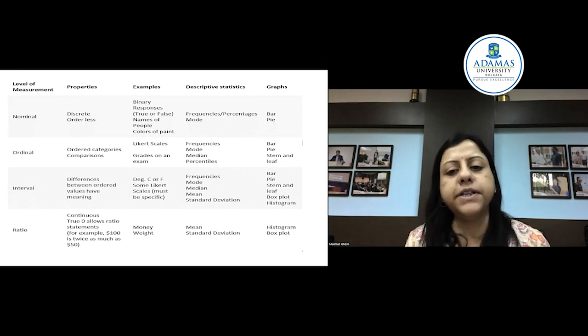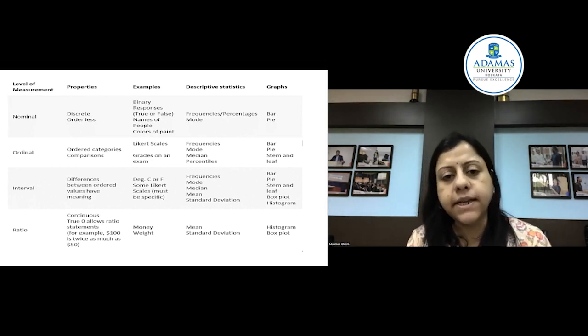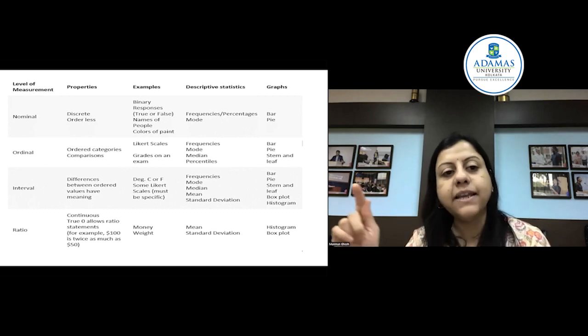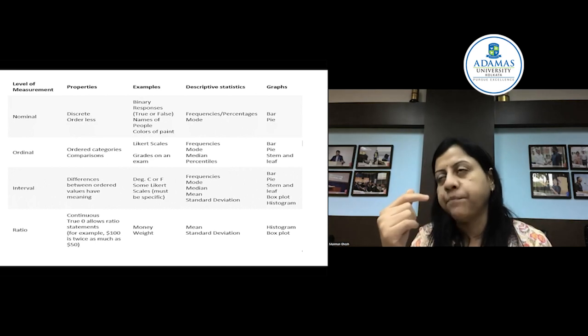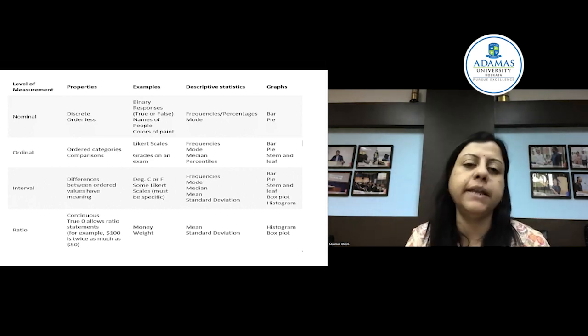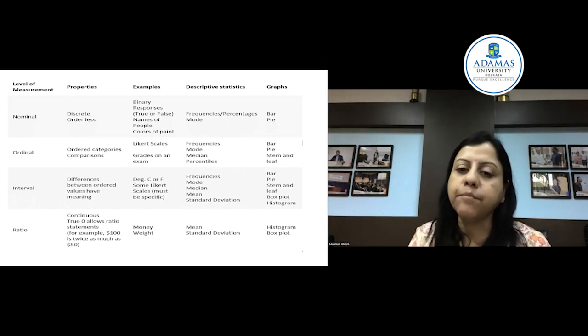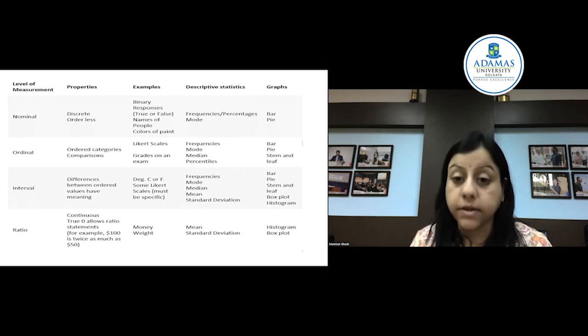Now ordinal. Ordinal is also a qualitative data, but here assigning codes or numbers to your response has a meaning to it. So an example is when you are ranking students based on their performances, or when you are ranking people based on their work.